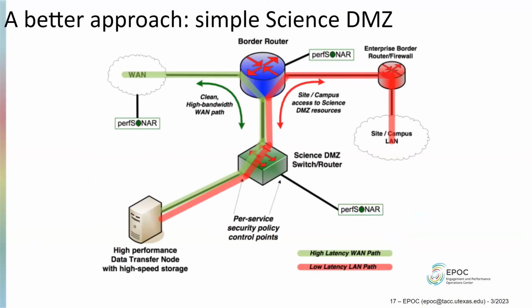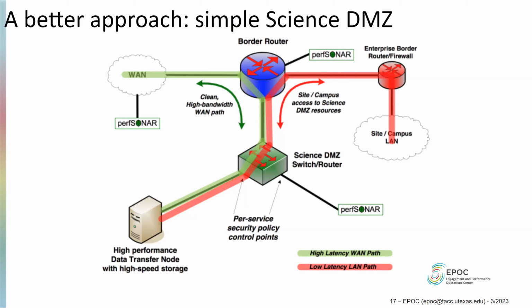When we're looking at a Science DMZ, we're going to take a different approach. We're going to have our high performance DTN connected to a Science DMZ switch, and that switch is going to have access directly to the border router and then out to the WAN. So we have one hop or two hops at most, through equipment that we have specified and purchased specifically for this task.